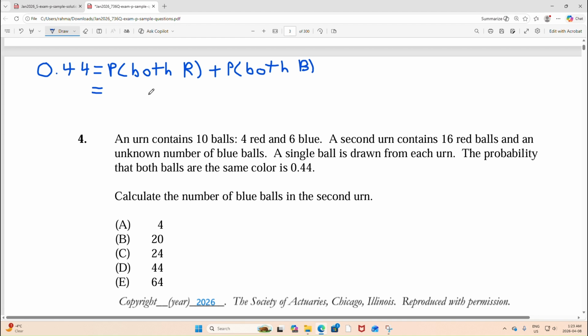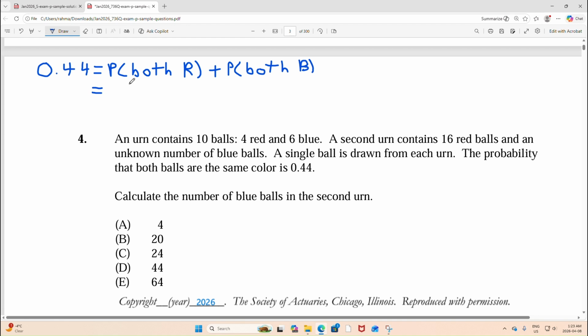And because the event of the color of the ball from the first urn and the second urn are independent, we can just multiply their probabilities to get the probability that both are red and the probability that both are blue.